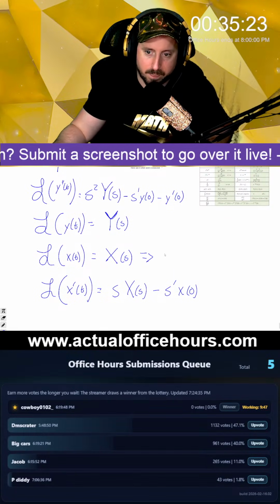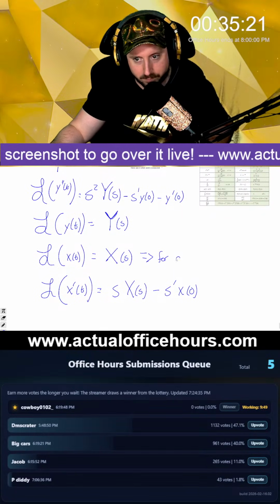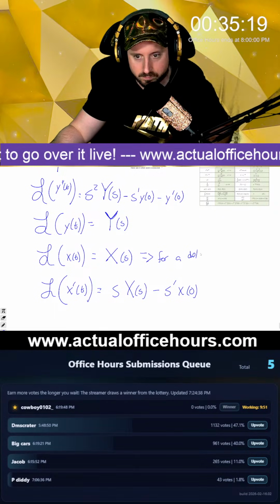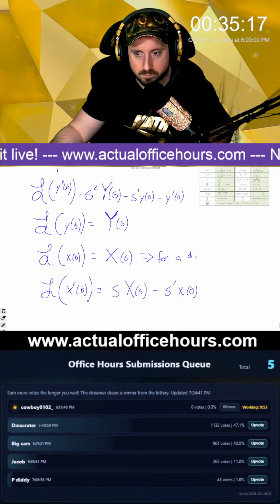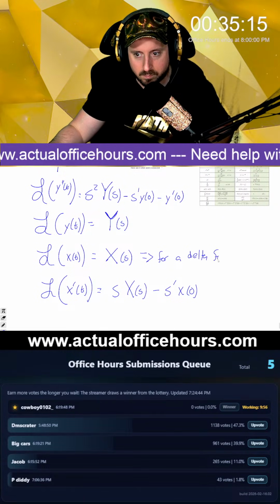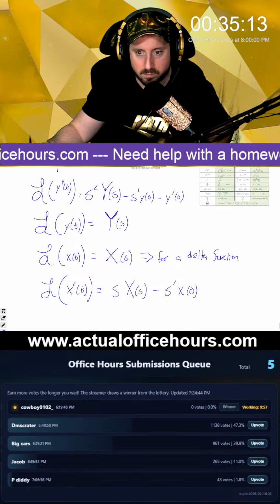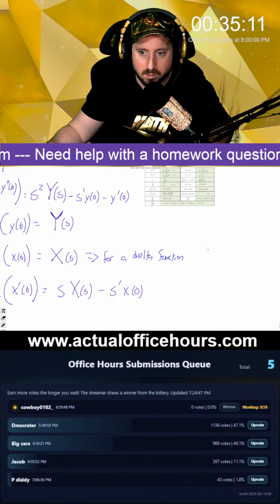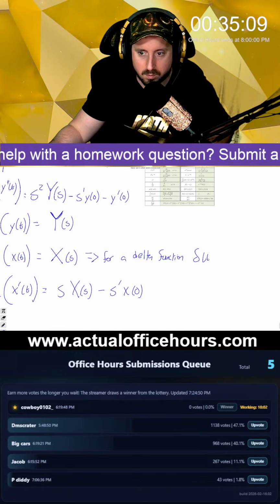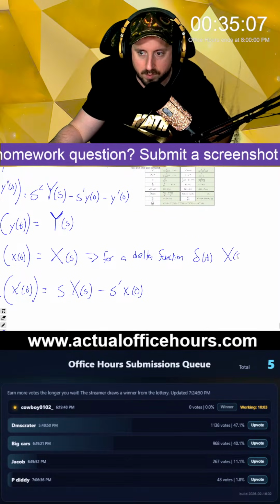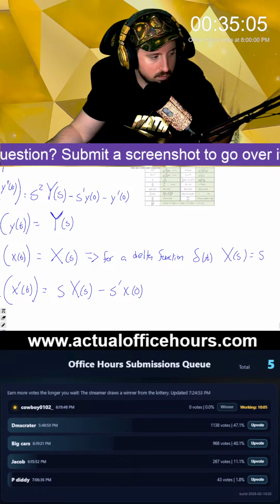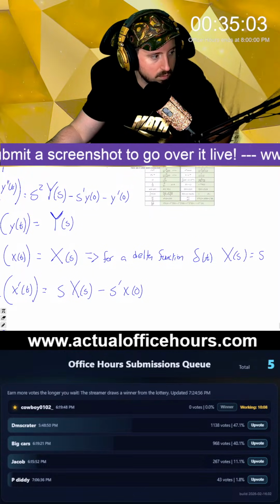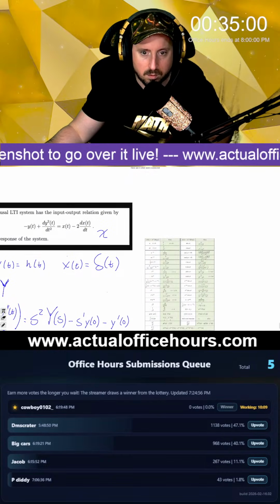Okay, but for a delta function, x of s is just equal to s. Uh-huh.